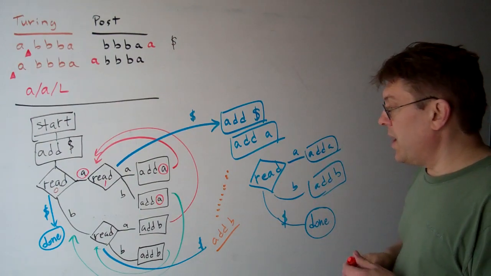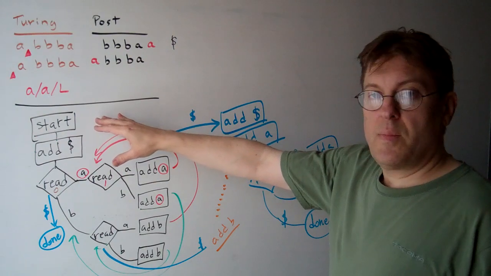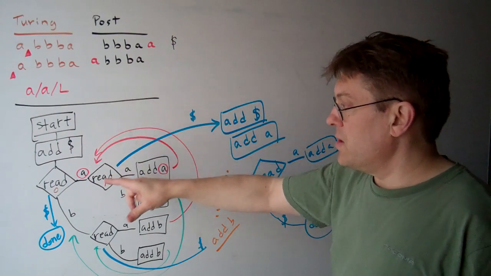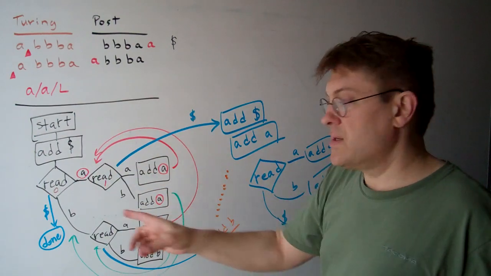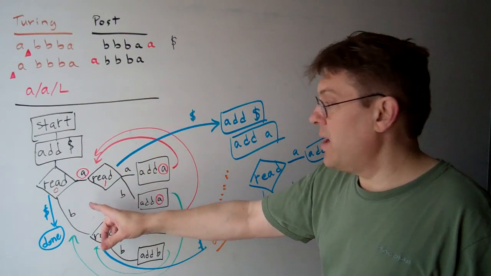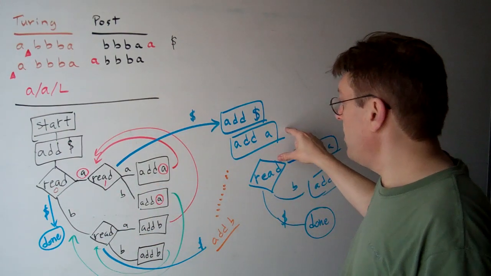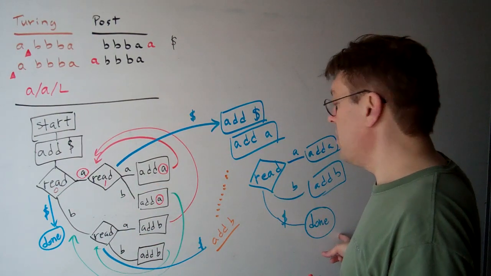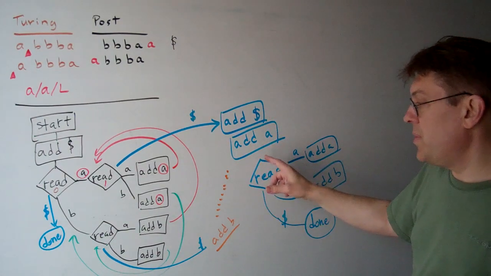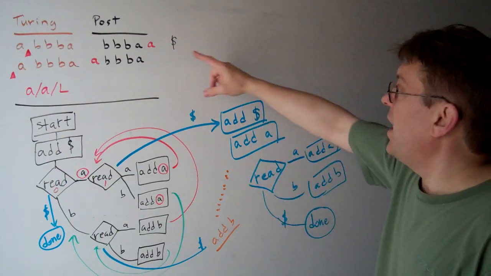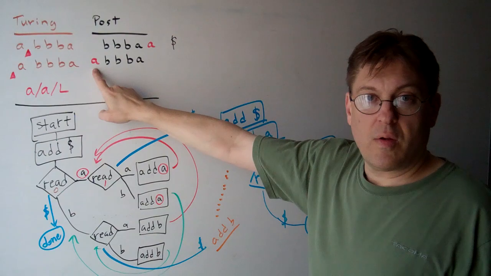So the bottom line is that we start from this position as we always do in a post machine. Add the dollar sign. We keep track of the second to the last letter we've read. If we follow this A path, we add a dollar sign, then we add an A. If we do the B path, we add a dollar sign and add a B, read through the whole string again, and we've effectively gotten this letter moved up to the front here.